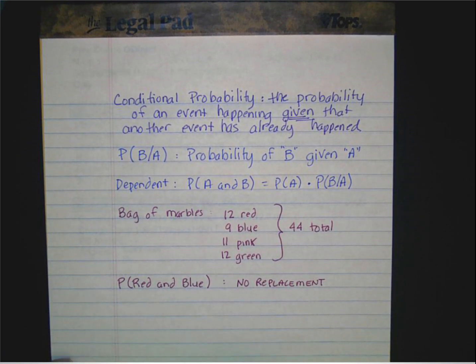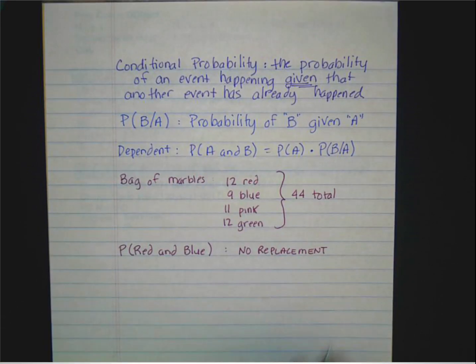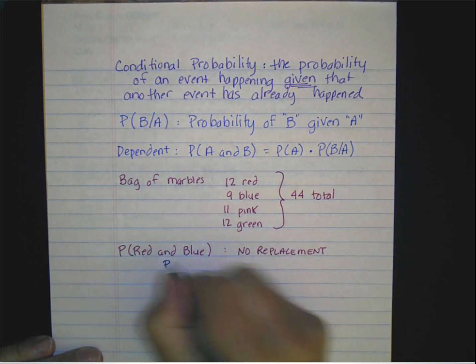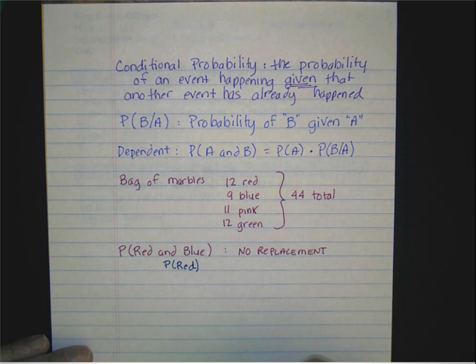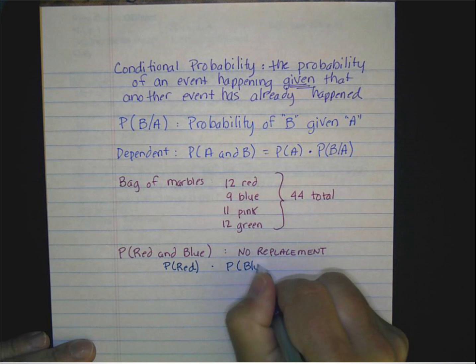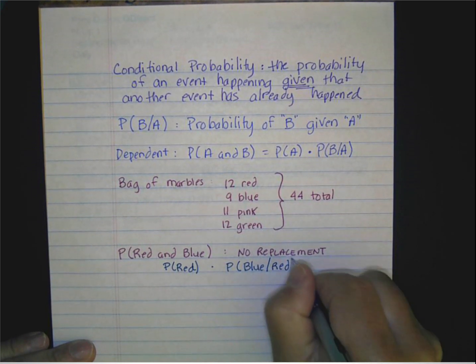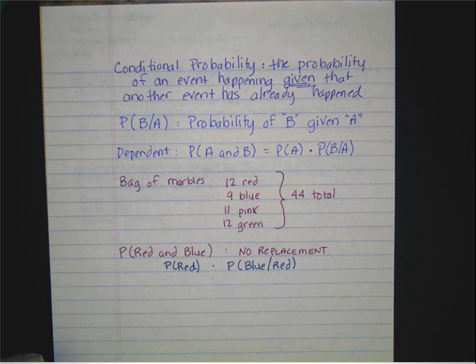All right, so what that really means, if we put it in this form up here, is we want the probability of drawing a red, times the probability of drawing a blue, given that I've already drawn the red. It's much easier than it seems.